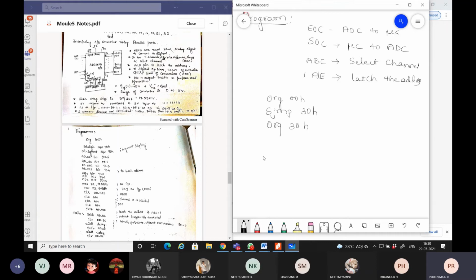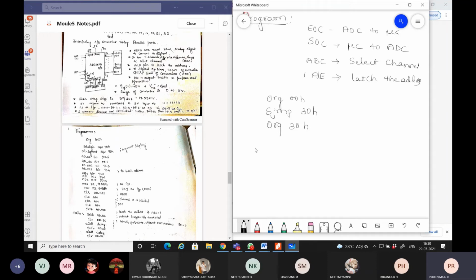From there on, you will be writing the program for the 8051 to execute and perform the given operation. What exactly is the first step that we need to do? We have to assign all these start of conversion, end of conversion signals to specific pins in case of 8051.